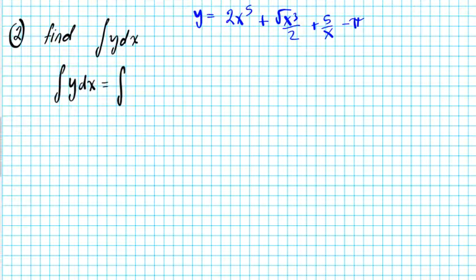So what I'm going to do is write down the entire integrand first. So we're integrating this expression right here, 2x to the 5th plus the square root of x to the 3rd over 2 plus 5 over x minus pi dx. Okay? Since you have a sum and difference of terms, just like differentiation, you can integrate the individual terms of your polynomial expression.